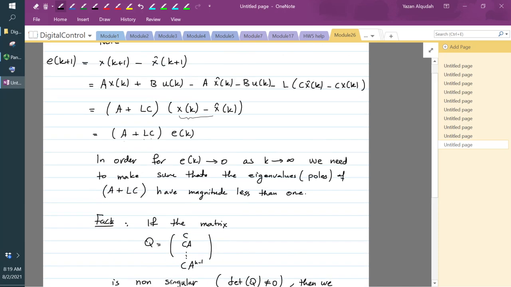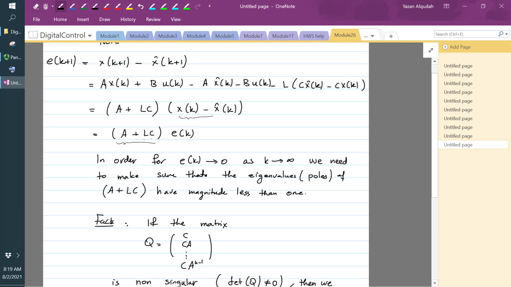Now if I want the error to go to 0 as k goes to infinity, so I want the steady state error to go to 0, we have to make sure that this matrix here, A plus LC, has eigenvalues that are less than 1.